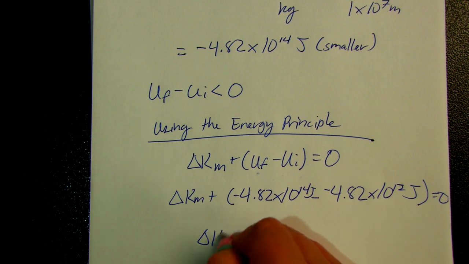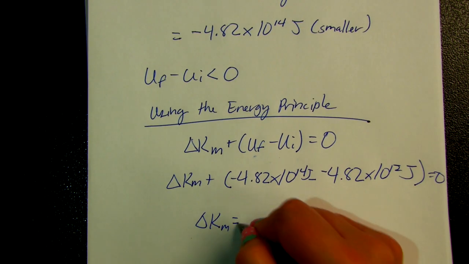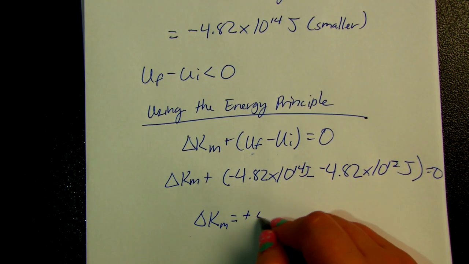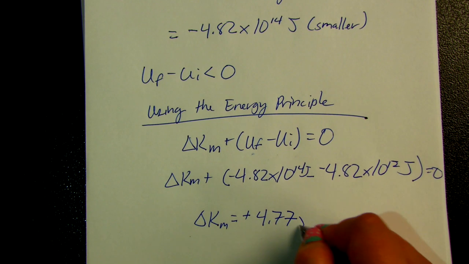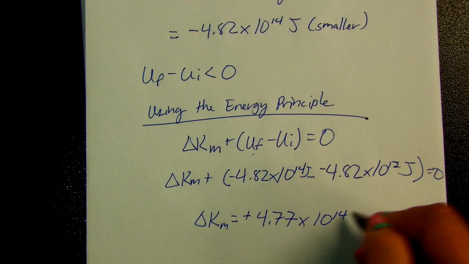Therefore, delta K meteor is equal to plus 4.77 times 10 to the 14 joules.